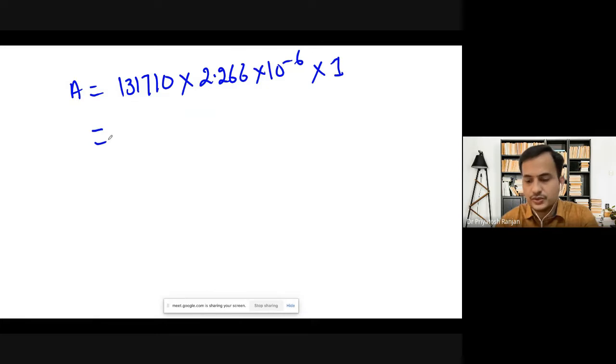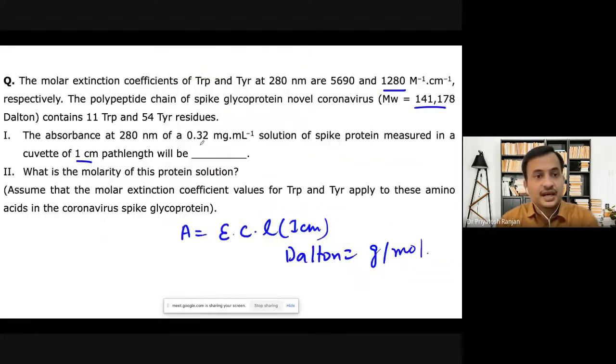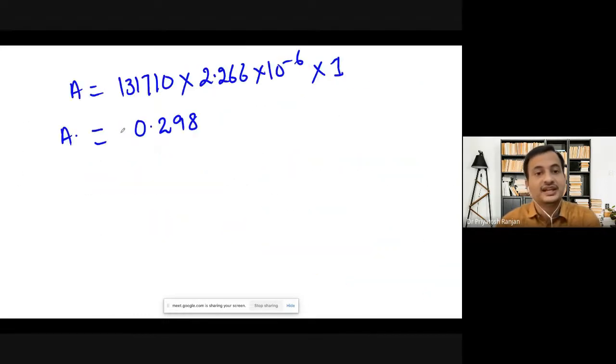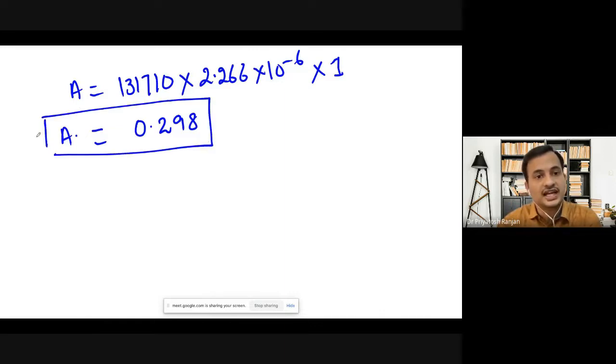We just need to do some simple mathematics, and the value which is coming is 0.298. So for the first part, the absorbance for this particular solution of 0.32 mg per ml at 280 nanometer, with this much information given, is going to be 0.298.